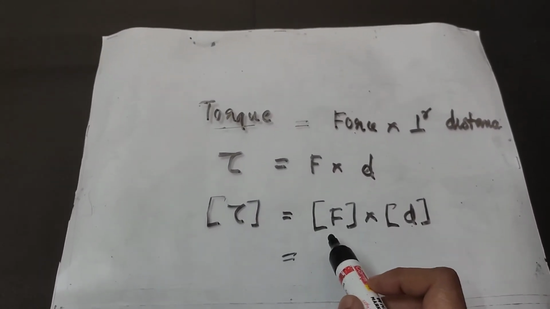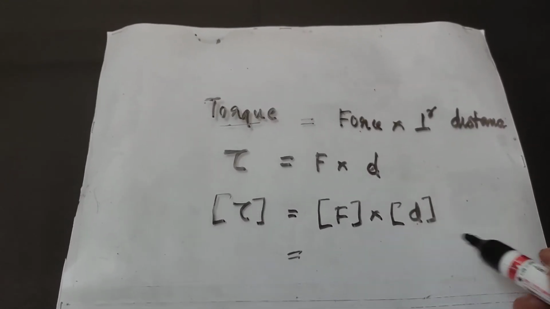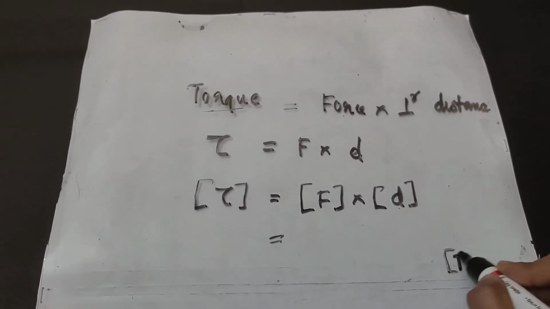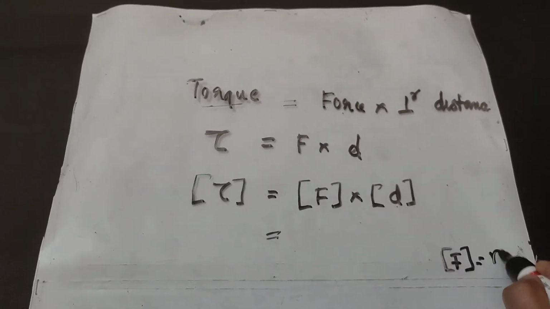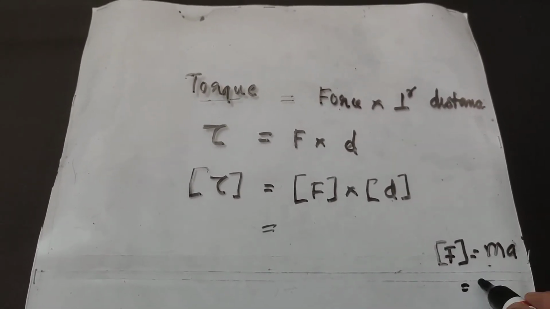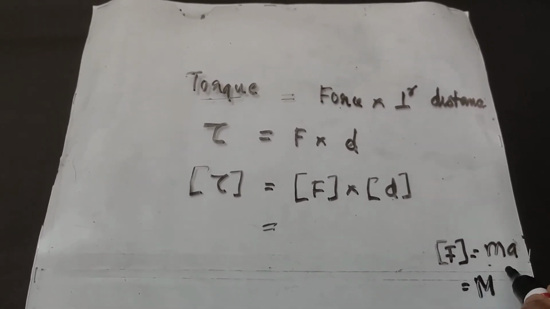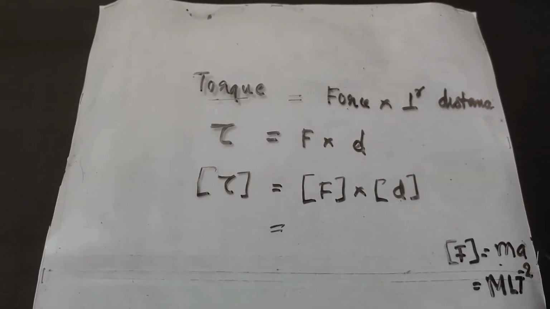And we have already studied the dimension of force. What is the equation for force? F is equal to ma, mass into acceleration, and the dimension of mass is capital M, the dimension of acceleration is L t raised to minus 2.